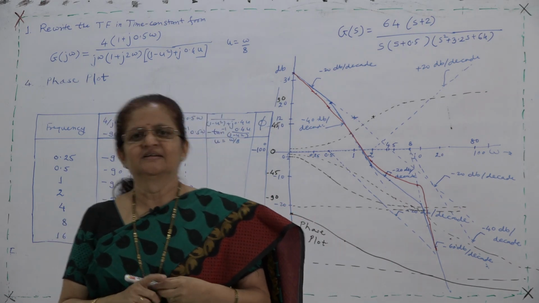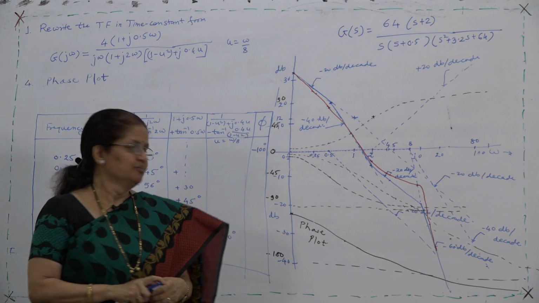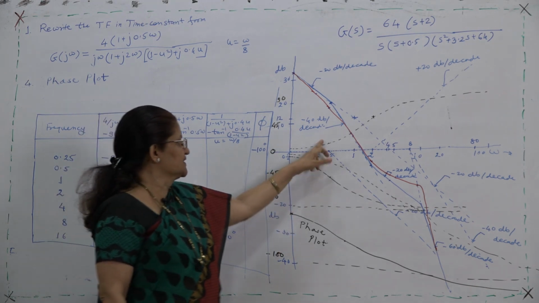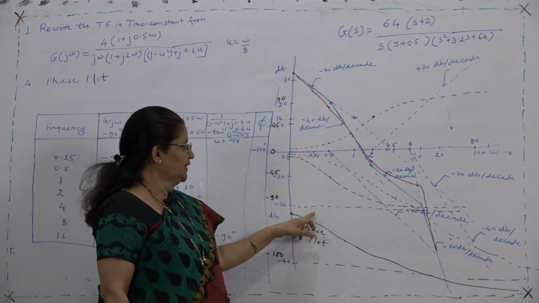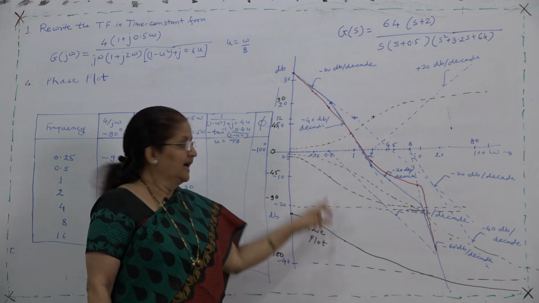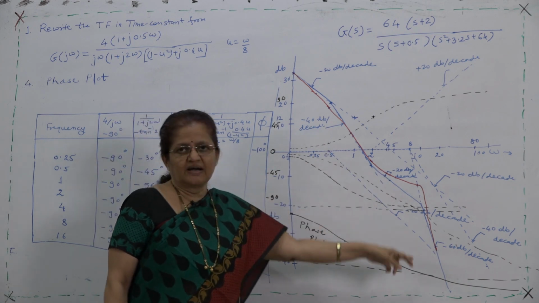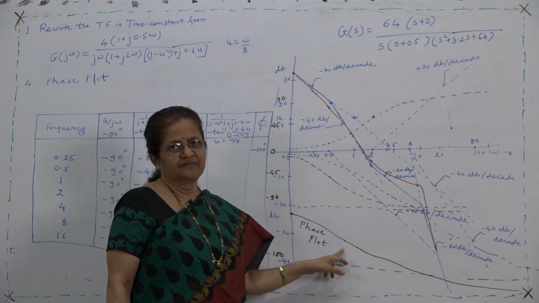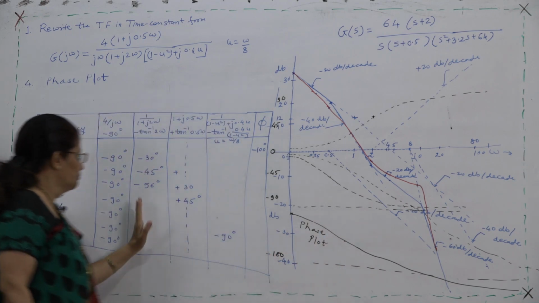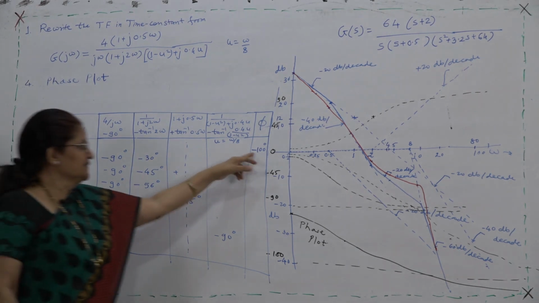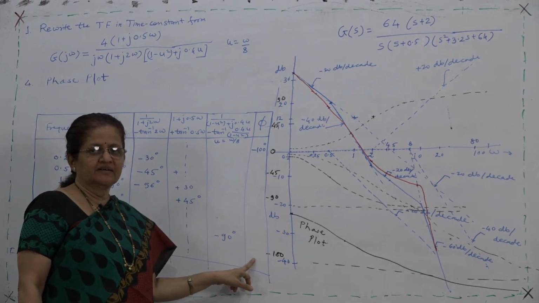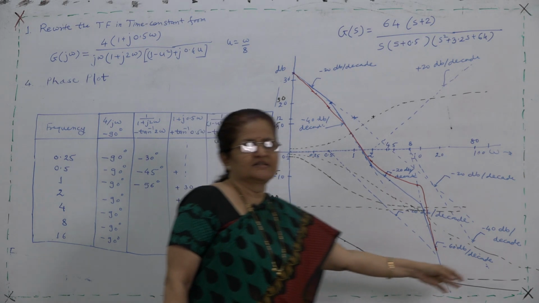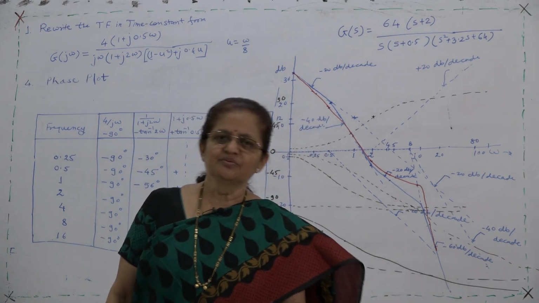So, it will save your time, because otherwise you are drawing approximate plots for each factor, and then at different frequencies you are adding, and then this is your phase plot. Better to make a table, exact values you will get for the phase angle, those you represent here, that gives you the phase plot.